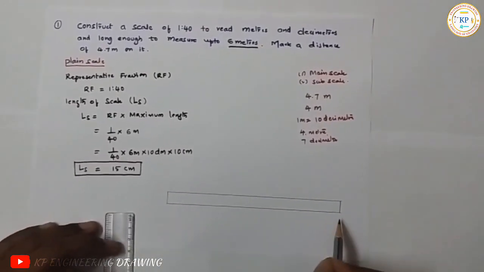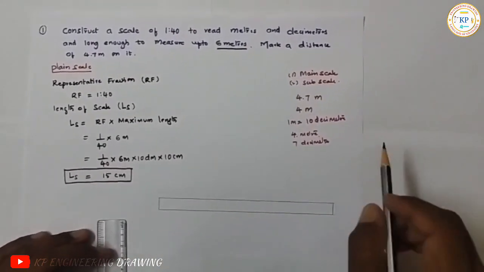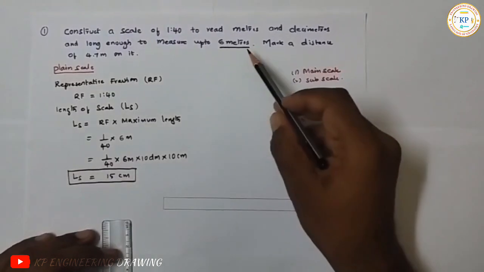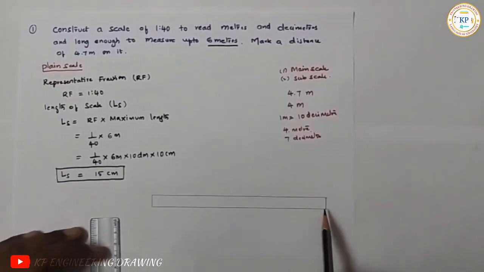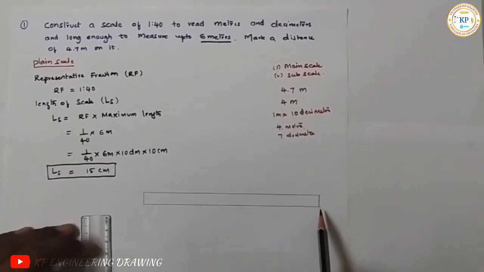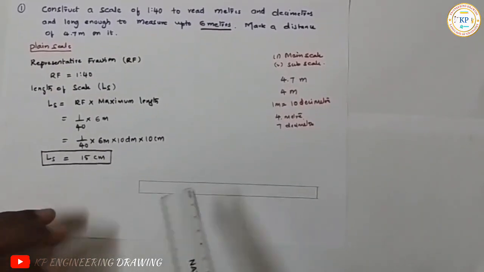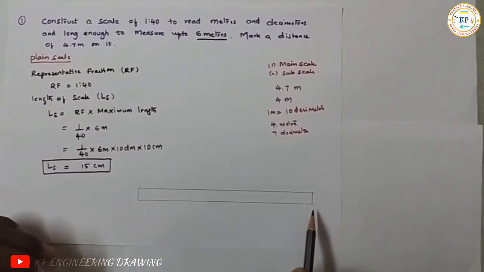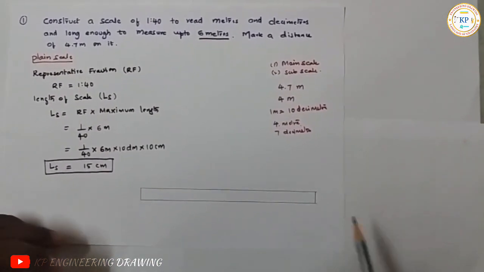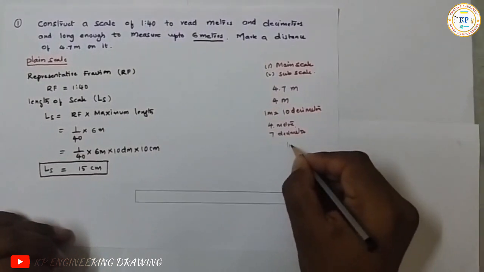Now divide this scale into 6 equal parts, because the maximum distance is given as 6 meters. So divide this 15 centimeters scale into 6 equal parts by the line divide method.